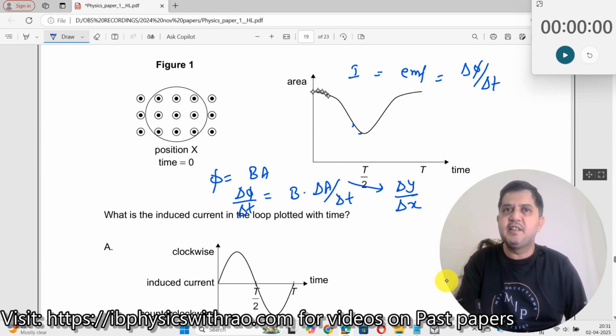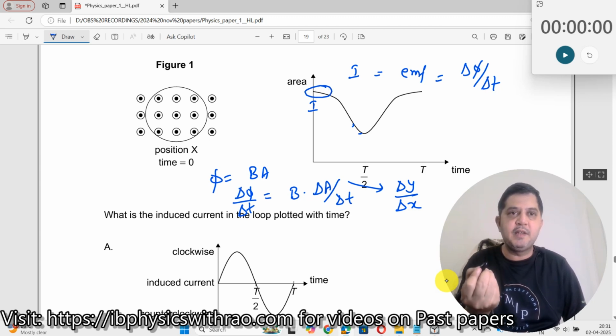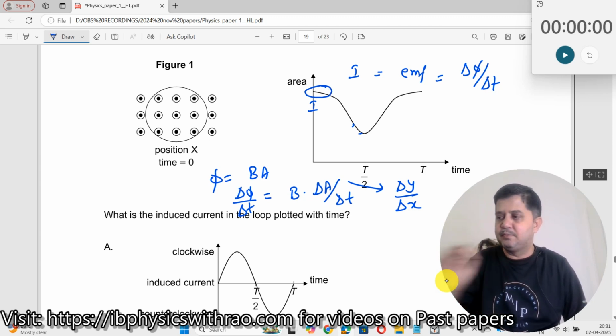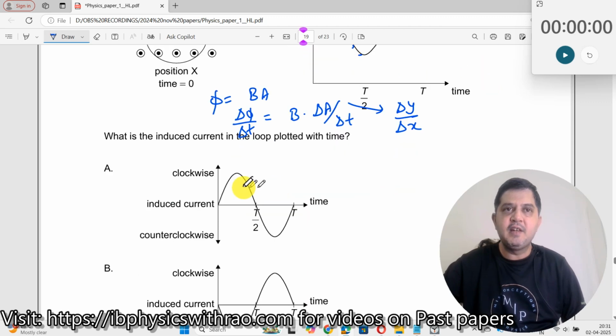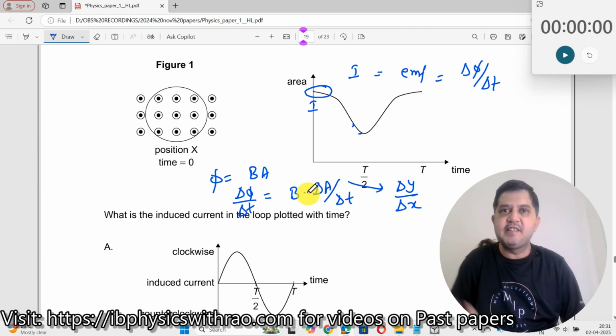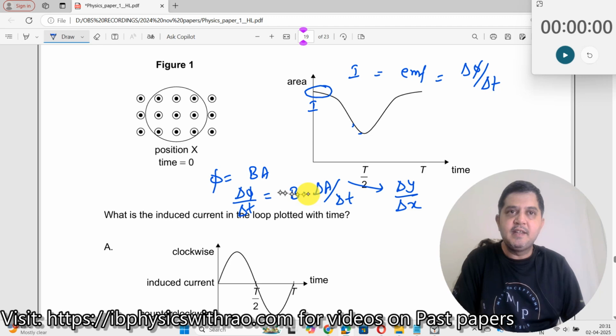So I will divide this irregular curve into several regions to understand it. I take up one region here, an almost flat region, region number 1. What is the slope here? If something is flat, the slope is nearly 0. When the slope is 0 here, delta phi by delta t is also 0.